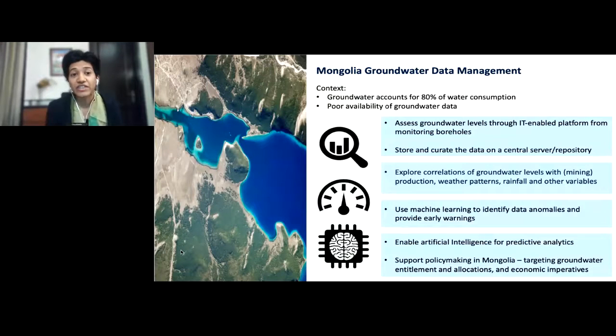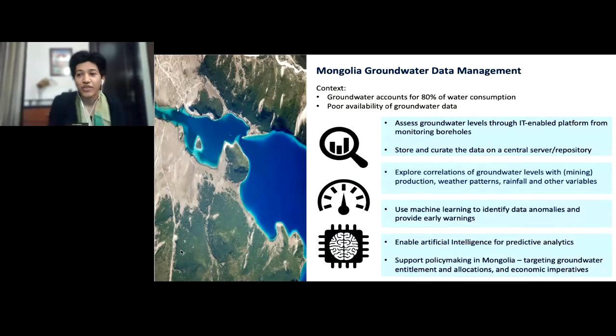Then the overlay of digital technology comes in through machine learning for detecting anomalies and also providing early warning systems for any outliers that may exist. And ultimately, we're looking to support predictive analytics through artificial intelligence, which would support allocations and also demand side management in the future. Next, please.